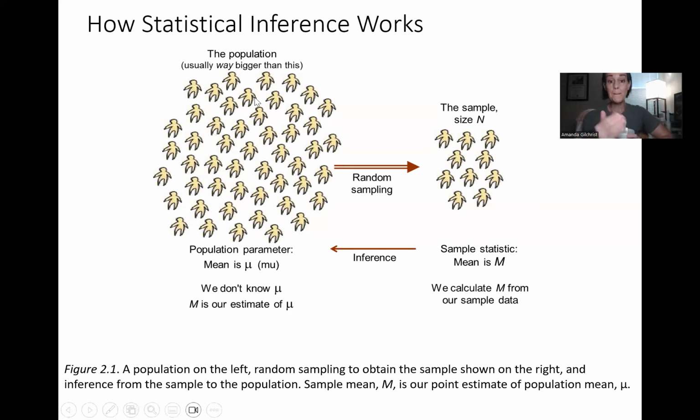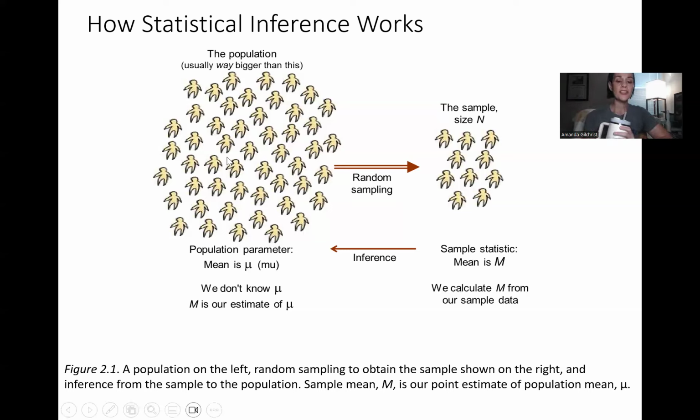Ideally, we are going to use random sampling. Everybody in this population is going to have an equal opportunity of being selected for the sample. And ideally, if we're using random sampling and our sample size is sufficiently large, the sample is going to be representative of that population of interest.